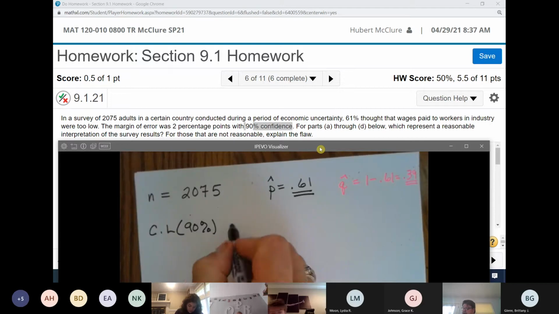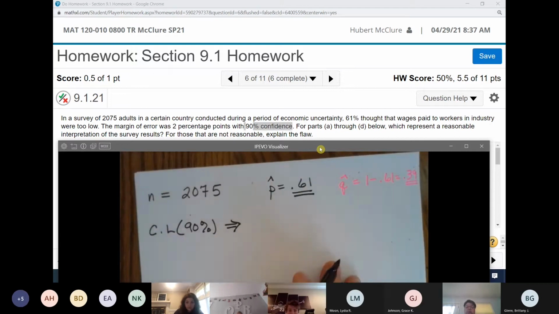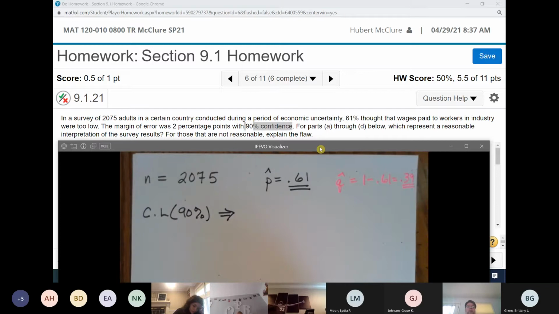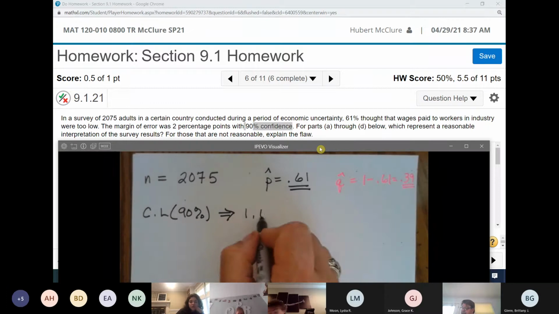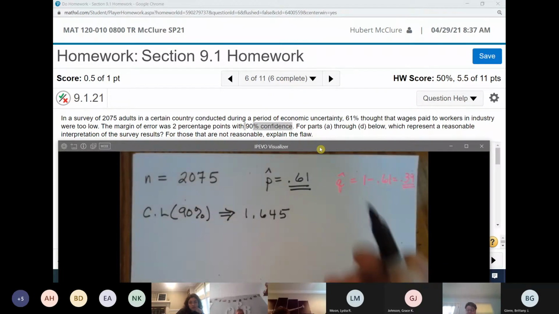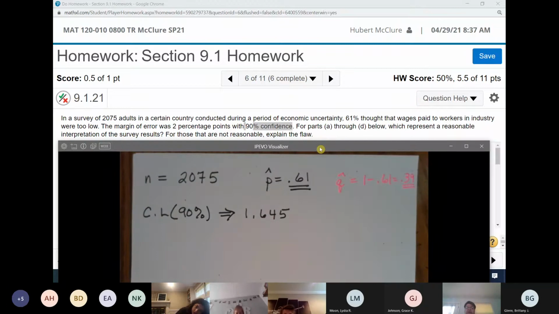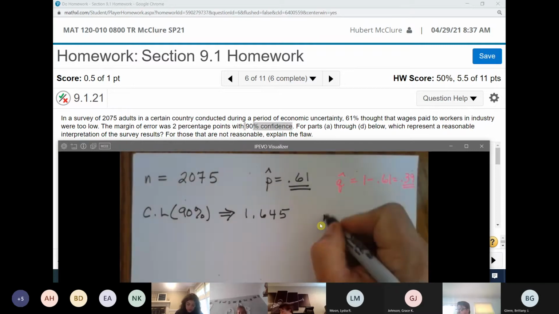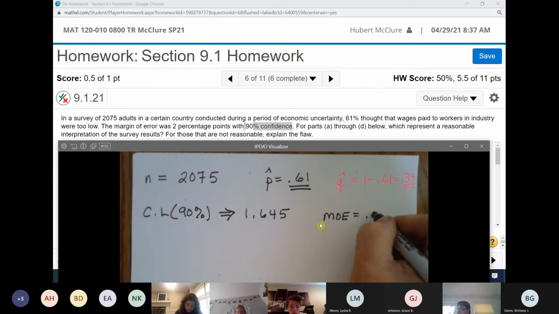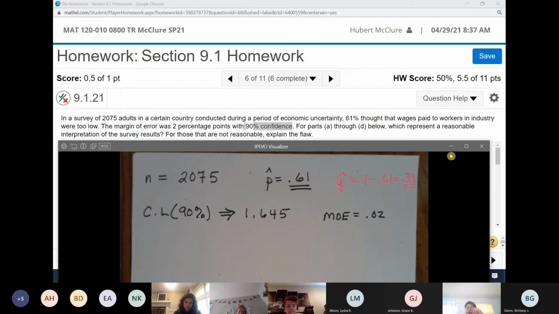Somebody read that on your index card for me, please. 1.645. Are y'all's microphones working, or y'all just decided not to talk to me? Okay, that's it. Margin of error is 0.02. So they have given us everything, so this must be a Philadelphia lawyer question.